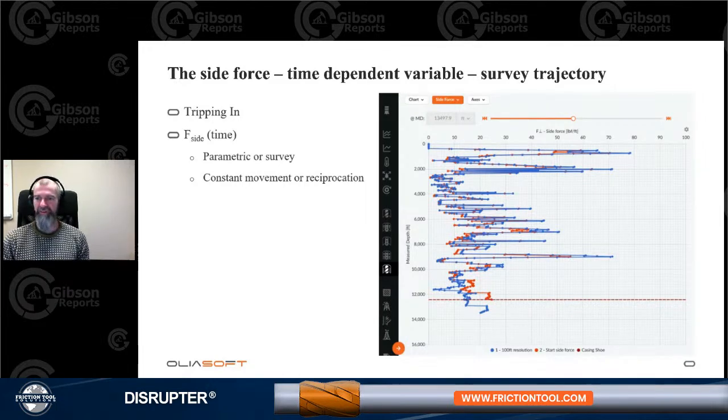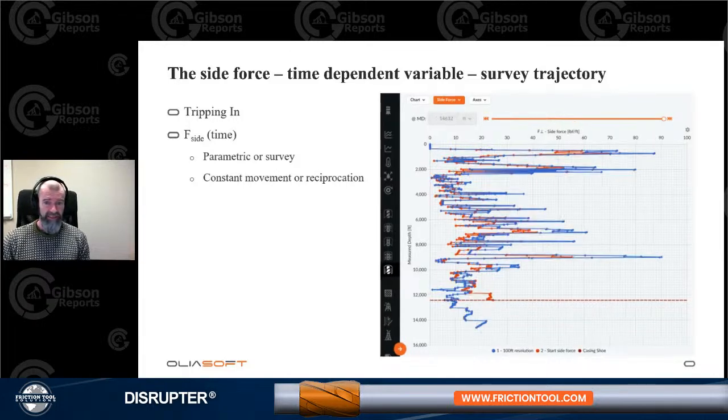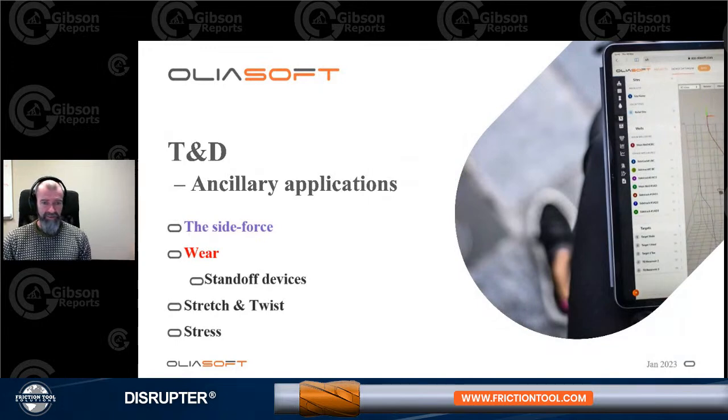Don't be surprised if things don't necessarily show up the way you might intuitively think, especially on surveyed trajectories. So that's what I wanted to say about the side force, and now we can start using the side force for something that we actually need.